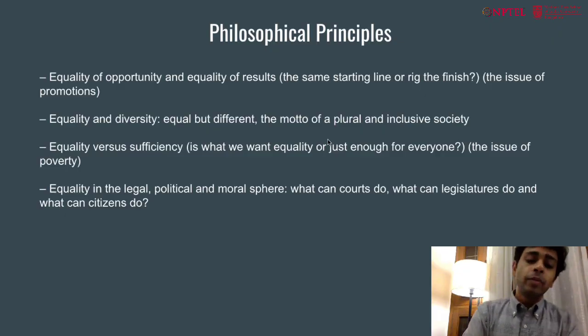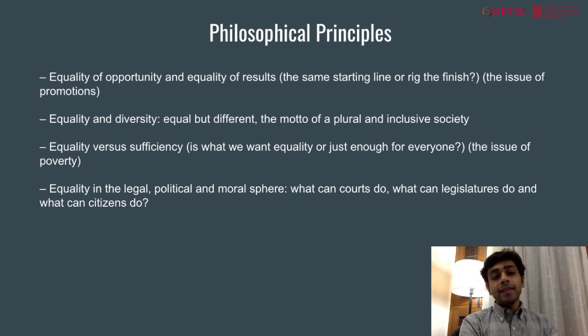Let us now come to a principle of equality that we have not actually encountered till now, and that is the principle of equality of opportunity and equality of results. Now, the Indian preamble commits us to a system of equality of opportunity. Now, what does this mean? It means that two individuals must have the same starting position in society. That what you make of yourself must be a result of the actions you take and the choices you make, rather than as an accident of birth or a circumstance that is not within your control.